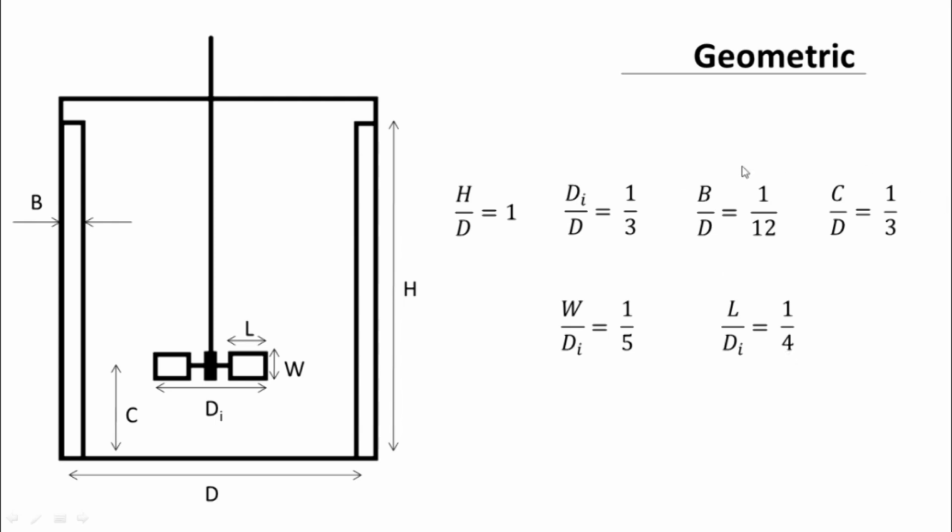So there are 4 criteria normalized with the tank diameter, H by D, Di by D, B by D, and C by D. And there are 2 that are based on the impeller diameter, W by Di is 1/5 and L by Di is 1/4. Okay. So as long as these are chosen the same both at the small scale and at the large scale, we will have geometric similarity.